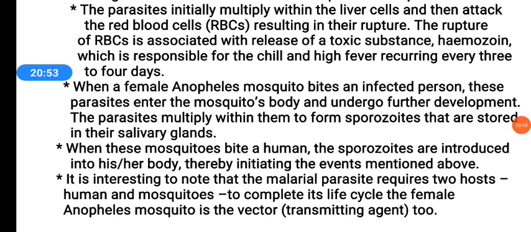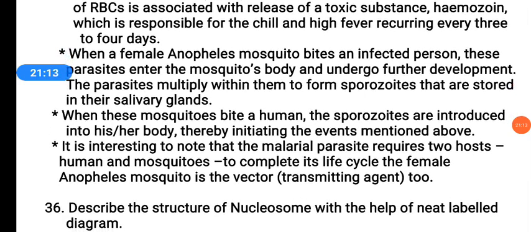In the human body, Plasmodium vivax performs asexual reproduction; in the mosquito's body, it performs sexual reproduction. After sexual reproduction, the parasite produces sporozoites, which are stored in the salivary glands. When this mosquito bites a person, the sporozoites are introduced into the new person's body, and the cycle repeats again.